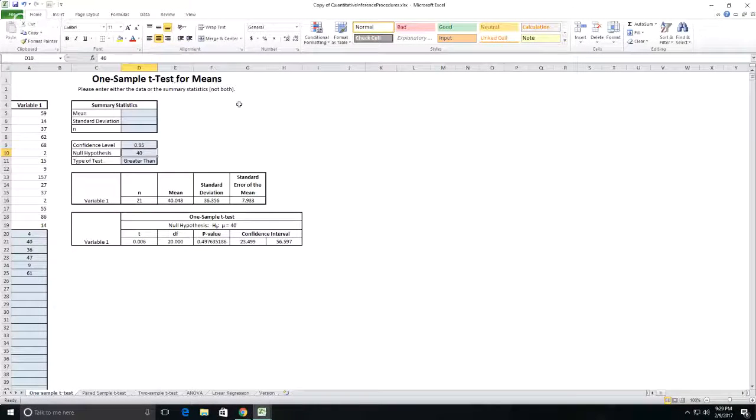The one sample t-test for means. Okay, is this quantitative inference procedures? Yes. Okay. Okay, thank you. Now I have it here.